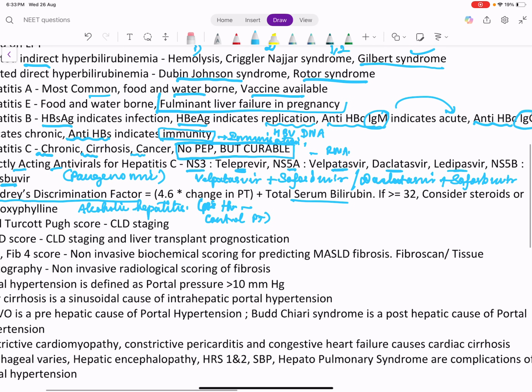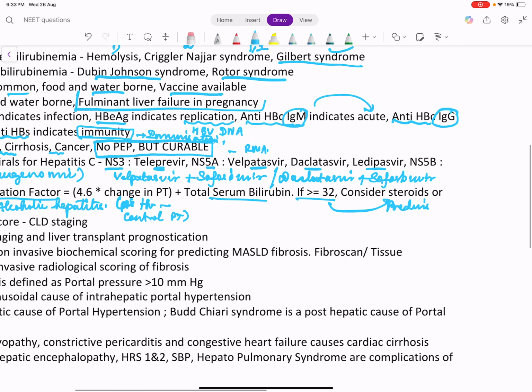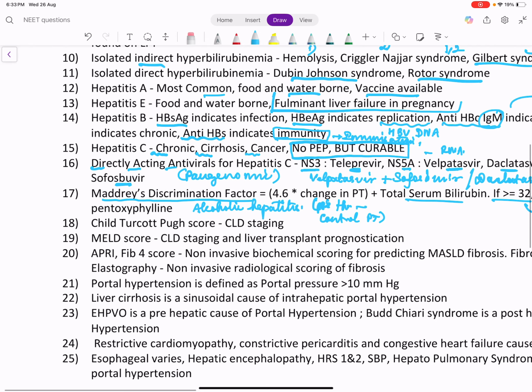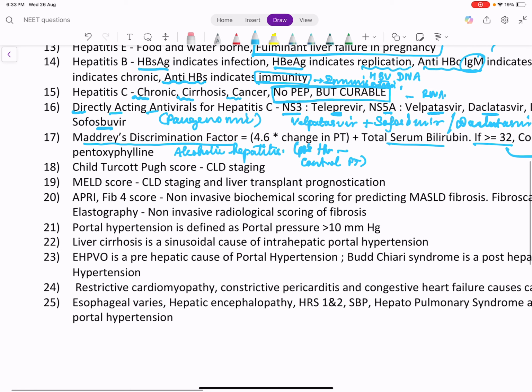If this value is more than 32, we have to give steroids. The steroid which is given is prednisolone. If prednisolone is contraindicated either due to gastritis or some infection, then we have to give pentoxifylline. So both are anti-inflammatory. It reduces TNF alpha levels and reduces further progression of alcoholic hepatitis. So MDF is used for alcohol associated hepatitis.